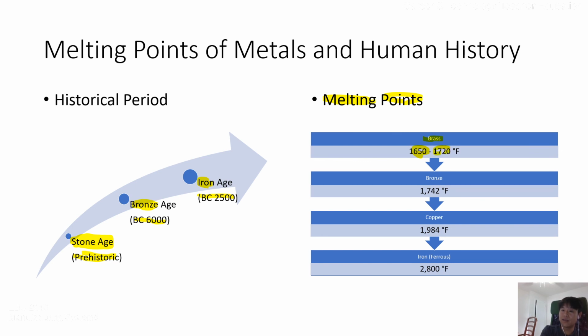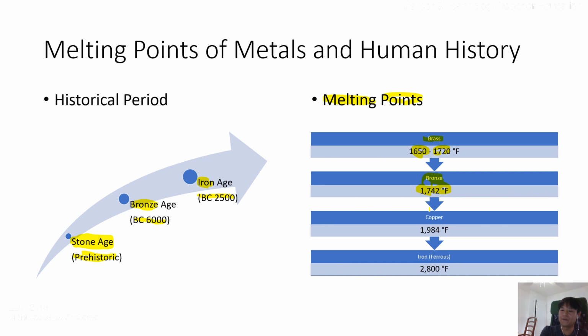That's brass. And bronze has 1700 as its melting point. But you can also ask why people don't have a Brass Age. Because brass is not strong enough to make weapons or tools. So that's why they defined it as the Bronze Age.